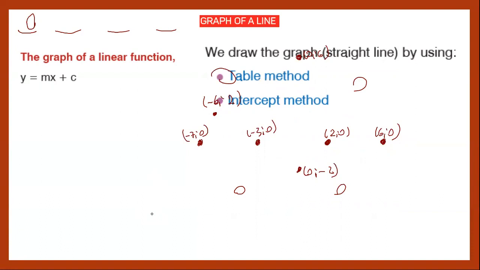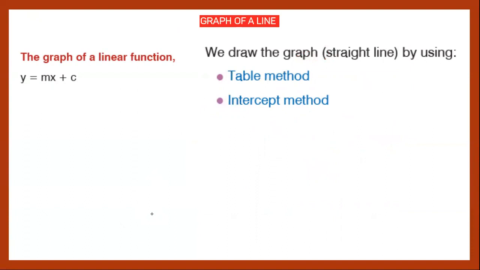Remember I told you, if you do not understand how to plot the points, it is going to be very hard for you to understand the drawing of graphs. For drawing graphs, we are going to have two methods.